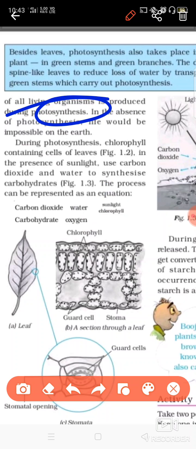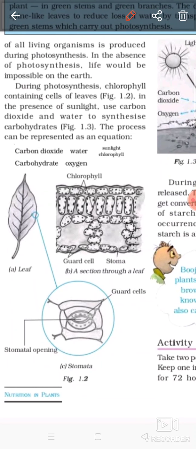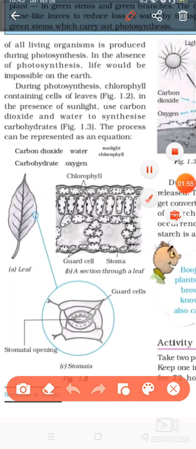Okay, so these pigments are present inside the cells of the leaf, and in the lower epidermis, mostly in the margins of the leaf on the lower surface, some structures are present, and these structures are known as stoma, or in the better way we know them as stomata.